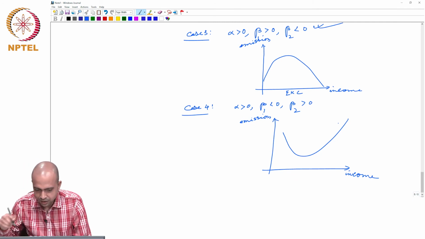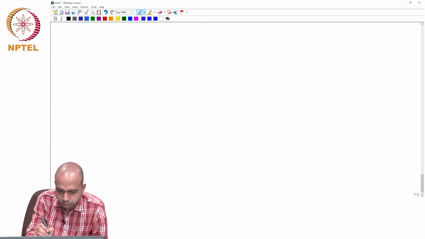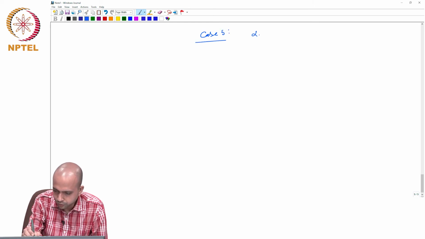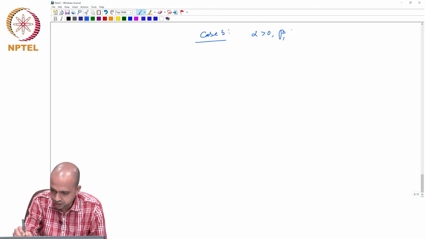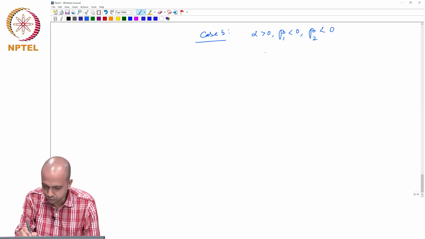Okay. Then case 5, alpha greater than 0, beta 1 is less than 0, beta 2 is actually less than 0, both are negative. Then what will happen?